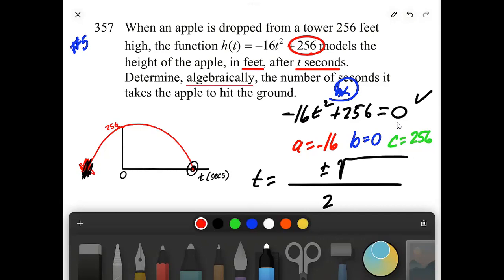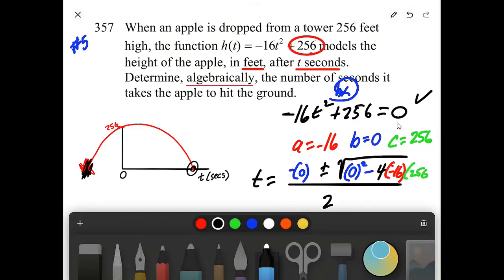So B is going to be a negative 0. So basically that term is just going to drop out. And then inside here, we're going to have 0 squared minus 4 times negative 16, because that's the A term, multiplied times 256.